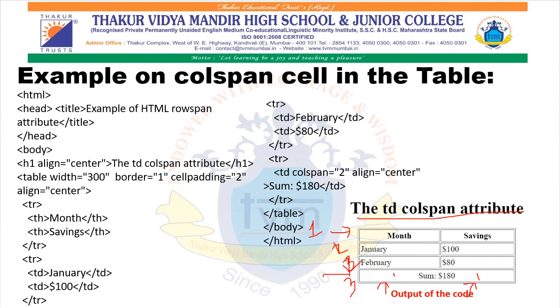So this is the way you can write it. You can merge the cells in the column by using the colspan attribute in the TH or TD tag.